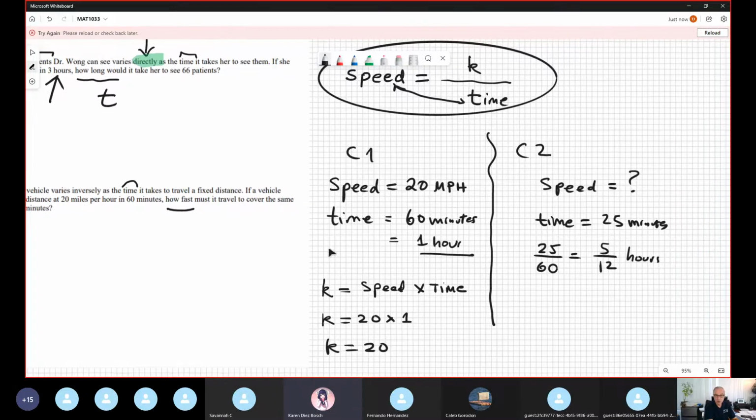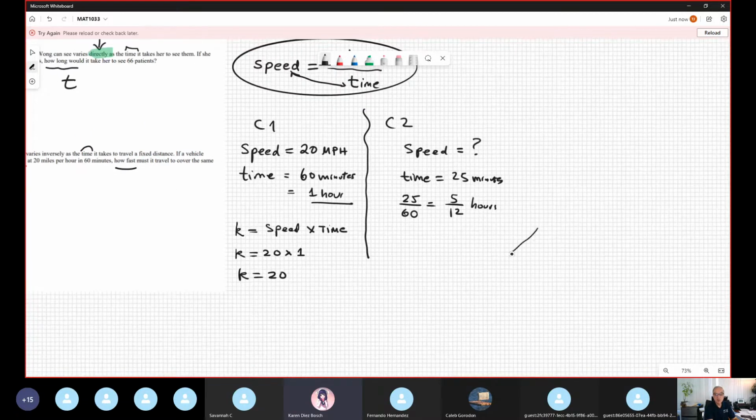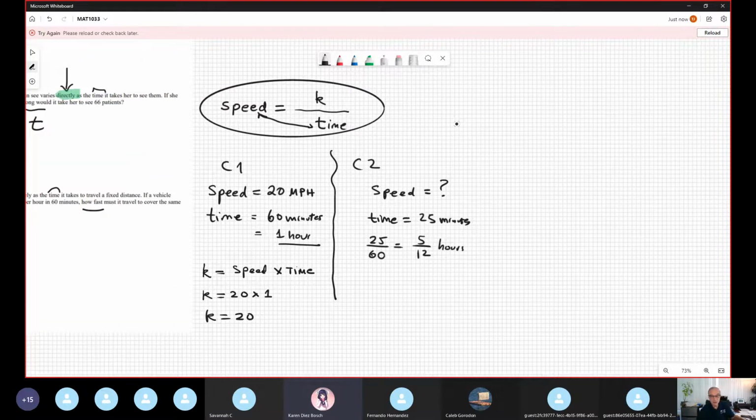Now, I go to condition 2, in which you don't know. Remember the formula. I modify the formula now. My specific formula for the problem is, look: speed is equal to 20, the constant I found here, divided by time.